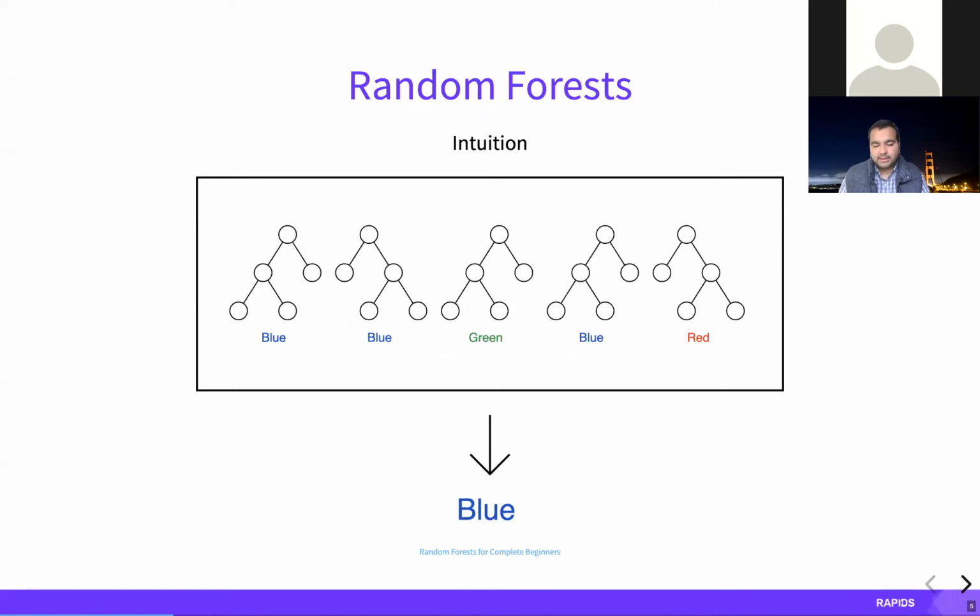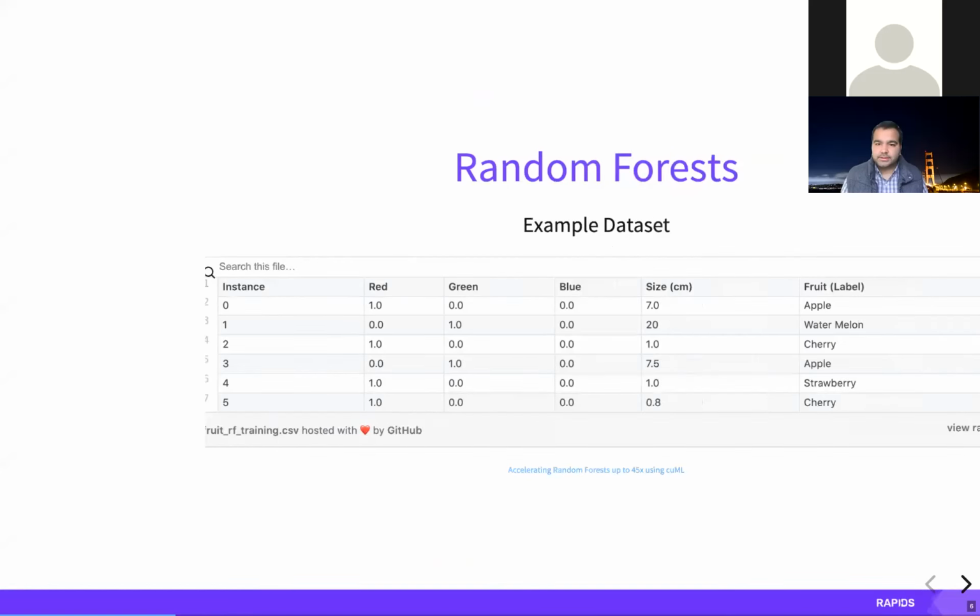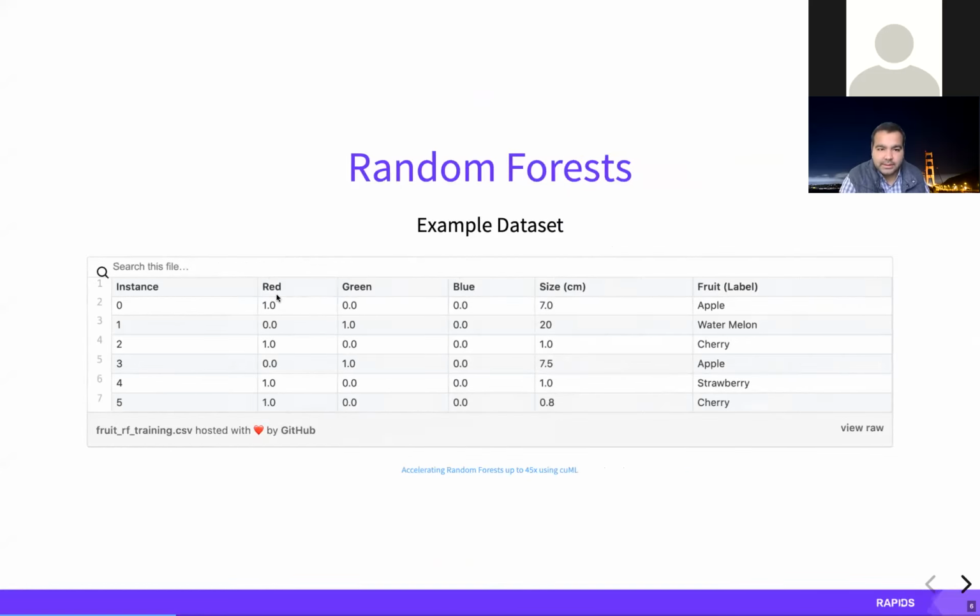Let's talk about it with an example of a toy data set, a fruit data set. When I say features, as you can see, we have red, green, blue, and size. Instance is just like a primary key to this table; it represents each row as a unique identifier in the instance column.